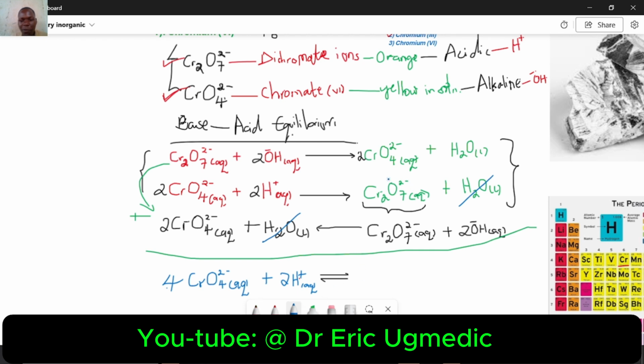So this side we have 2 of these, the dichromates, and this is aqueous, 2 dichromates, and our 2 hydroxide ions.